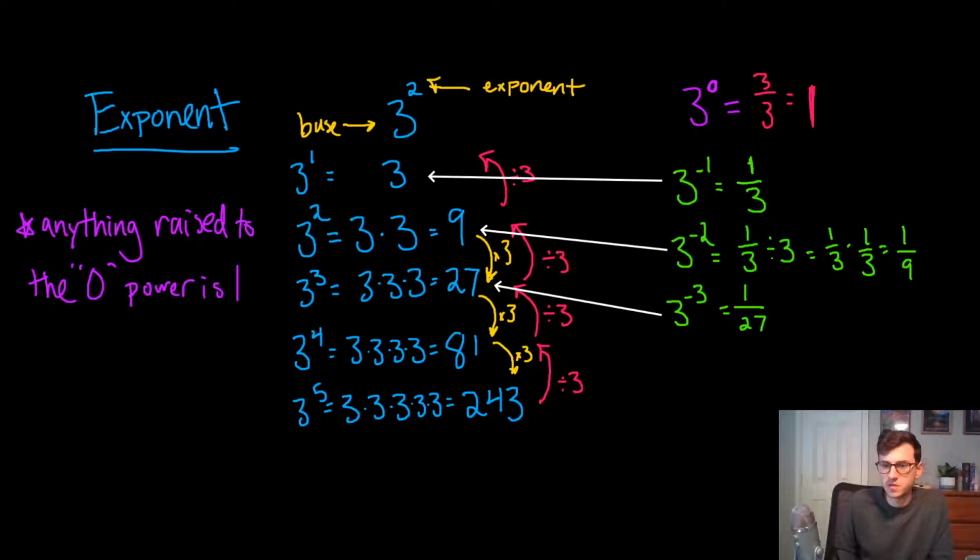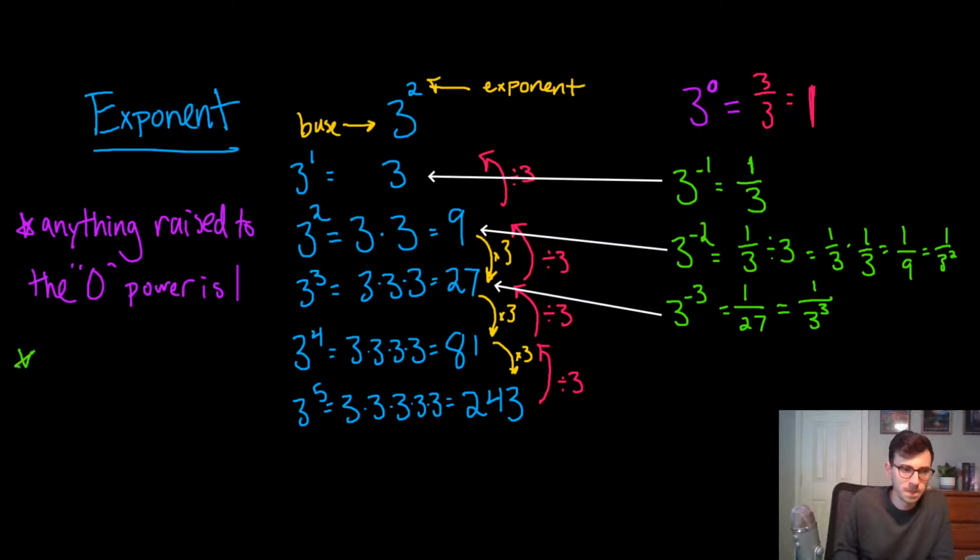Well, hopefully you're noticing that 3 to the negative 3 is equal to 1 over 3 cubed, right? Because 3 to the 3 is 27. 3 to the negative 3 is 1/27, so that's 1 over 3 cubed. 3 to the negative 2 is 1/9, or 1 over 3 squared. And 3 to the negative 1 is 1/3, which is 1 over 3 to the 1.